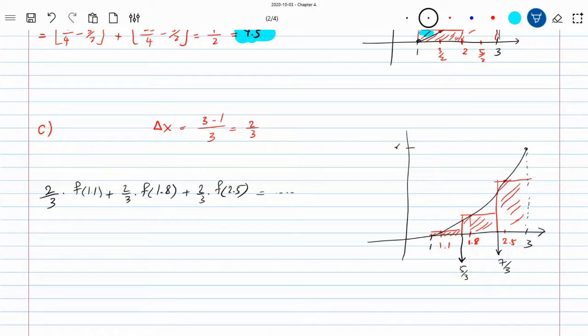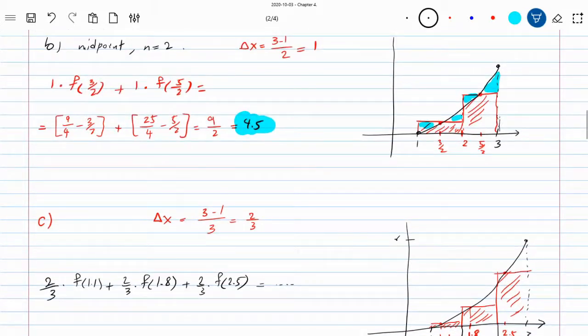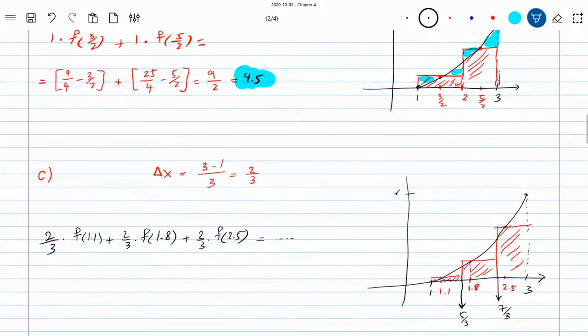And later on we'll discuss that you can find this area exactly as an accurate number. These are approximations, but we can find this exact number later on in section 3 or 4. I think section 3. And we will discuss how to find it as we go along.